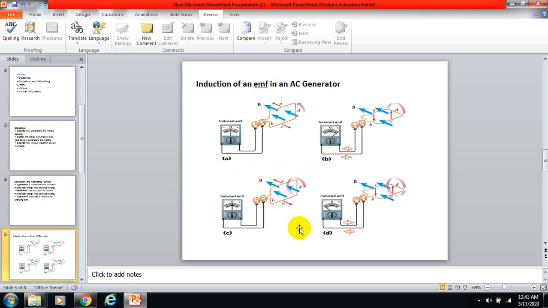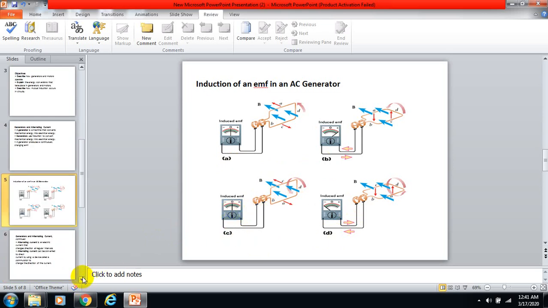Look at the direction from A, B, C, D. These are the positive and negative terminals which are attached through wires to each other. You can see the inductions clearly here. Look at the direction for A. Yes, they are opposite to each other. Now they are opposite to each other as well.